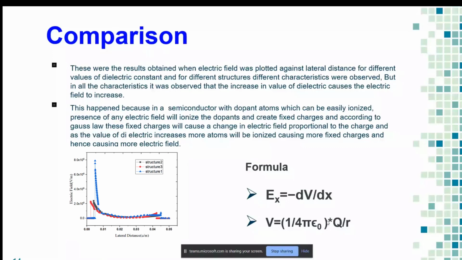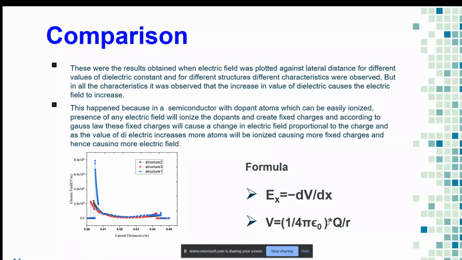For K equal to 10, the potential is maximum, and for the same, the electric field is also maximum. This is the comparison between all the three graphs, and we can see that the electric field is somewhat near, but the red one is higher in all the three. These all characteristics are done.